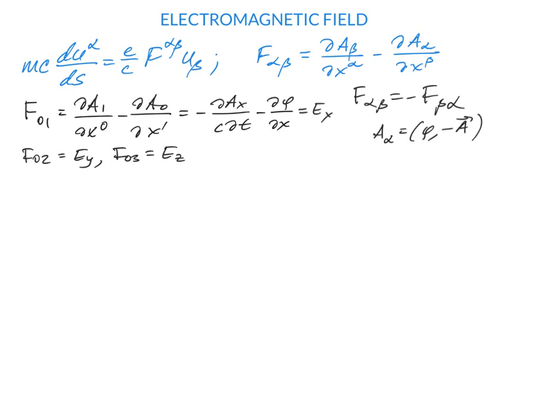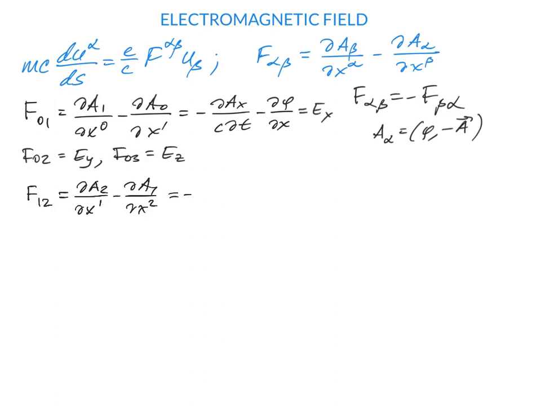So this is the component where one of the indices is time-like and the other one is space-like. Let's look at the other components where both indices are space-like. So starting with f12, that's dA2 by dx1 minus dA1 by dx2.